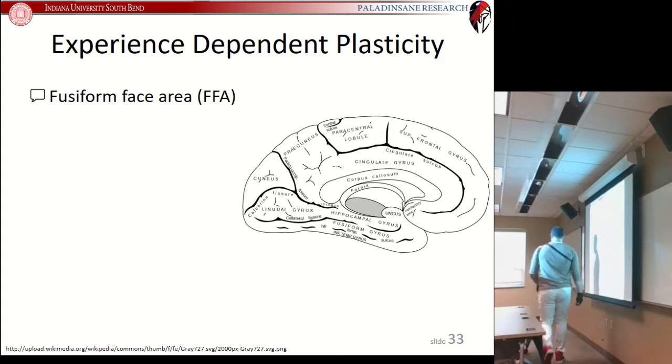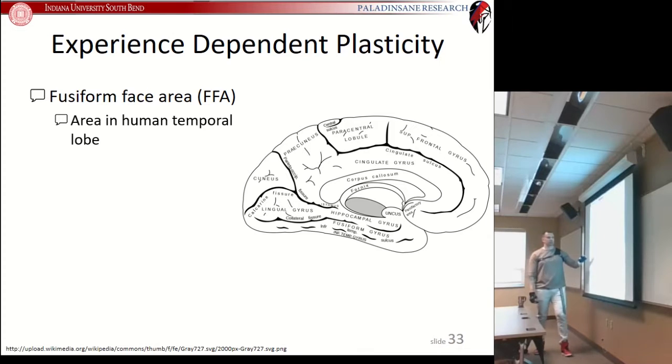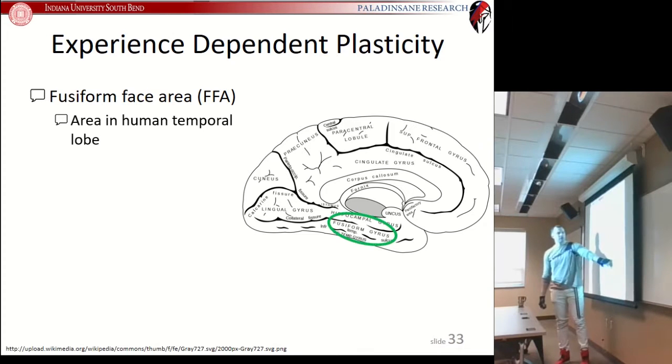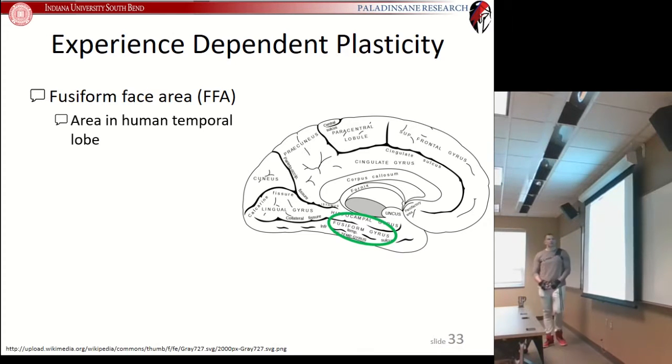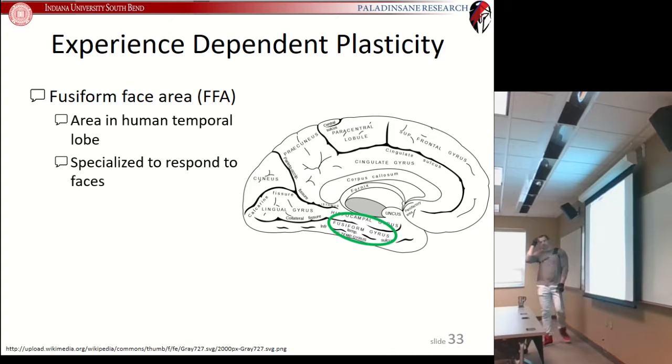So one of the areas where this was very intensively studied is called the fusiform face area, or FFA. And this is an area in the human temporal lobe. So it's right about there. And this is an area that is believed to be specialized to respond to faces.